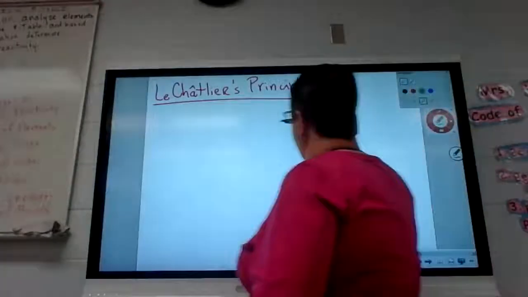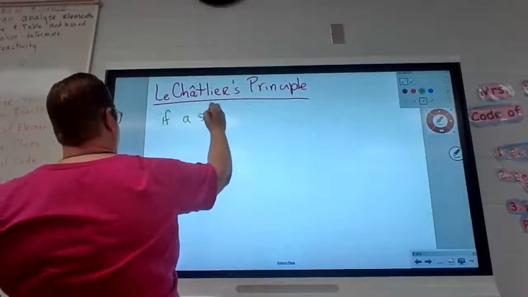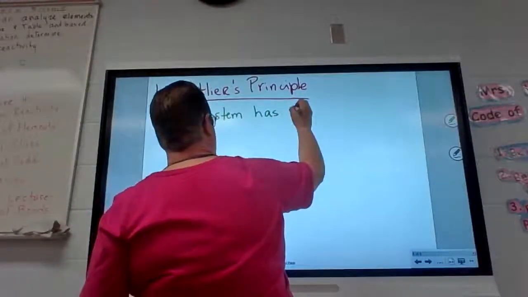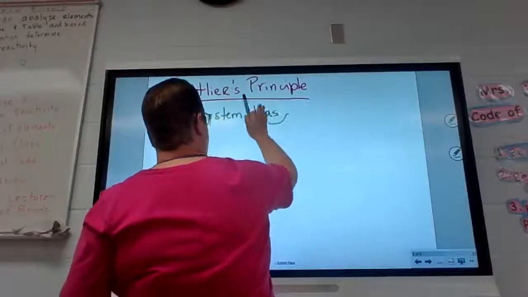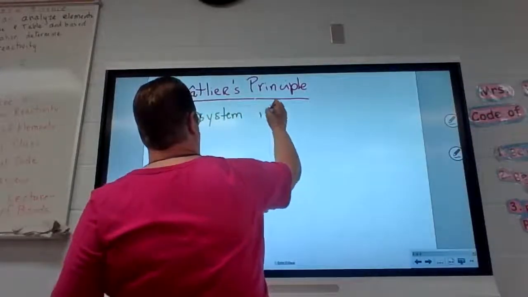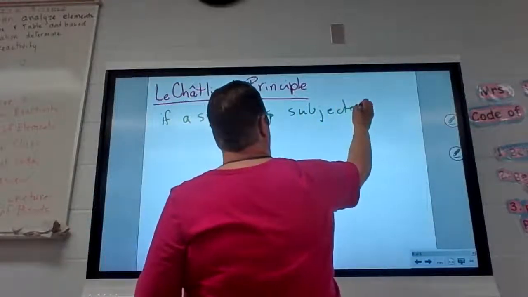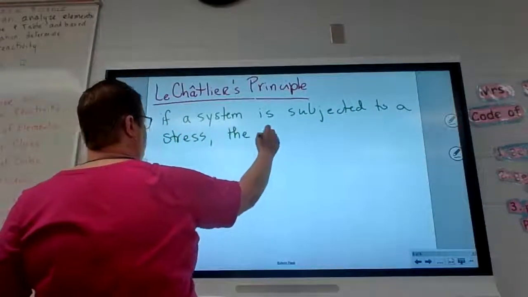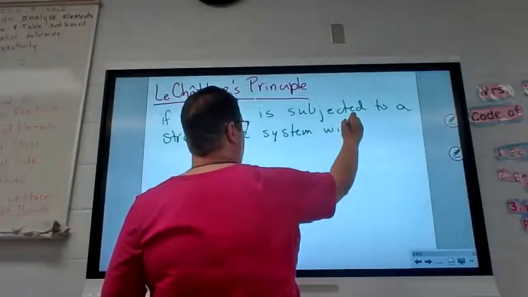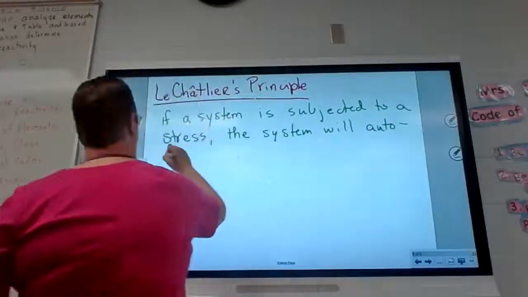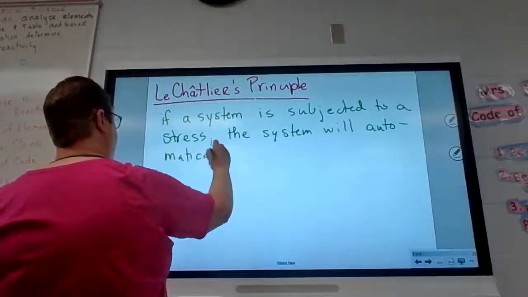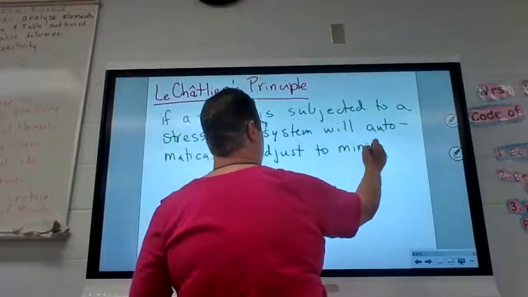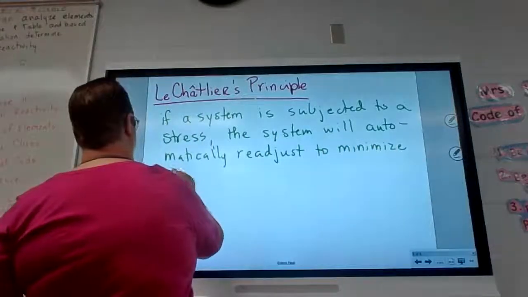Now, Le Chatelier's principle says, if a system is subjected to a stress, the system will automatically readjust to minimize the stress.